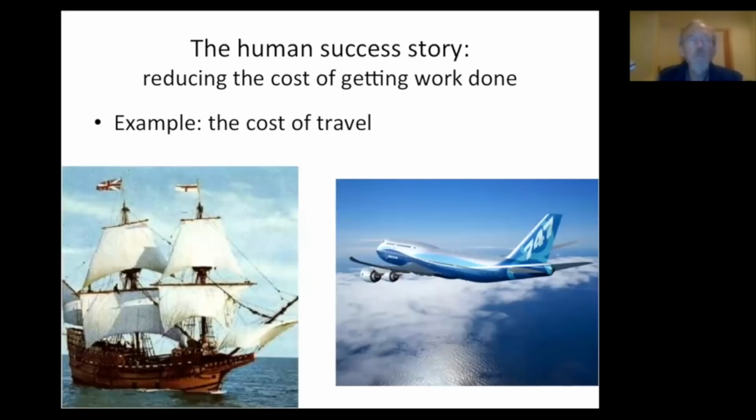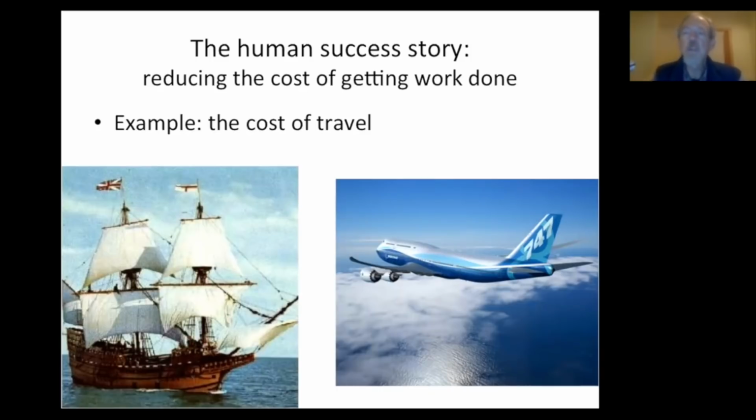So the miracle story about energy, really, this is kind of a fun little excursion into history, is that a big part of why the human species has been so successful in terms of just spreading across an entire planet and colonizing pretty much all of it, is that particularly in the last few centuries, we've reduced the cost of getting work done. We've found more and more sources of energy that are less and less expensive. 10,000 years ago, pretty much all work was done by human beings.